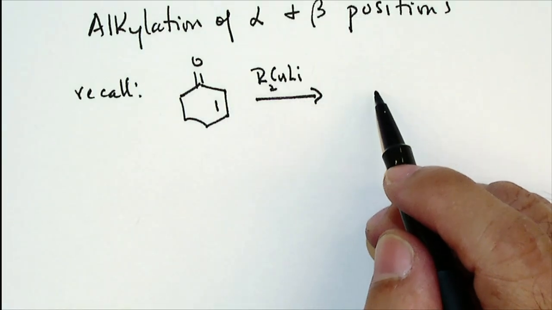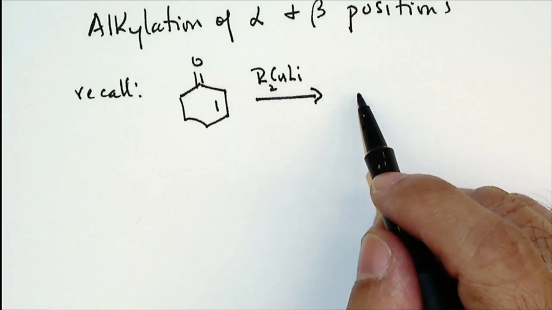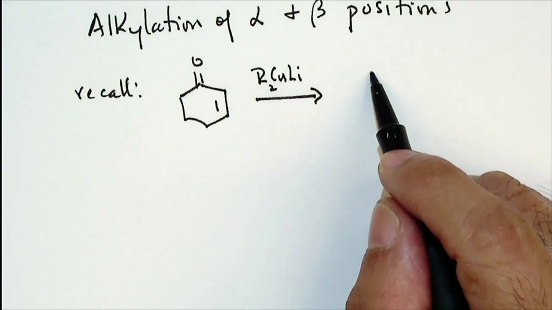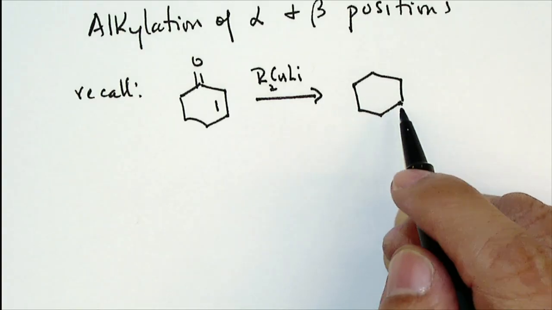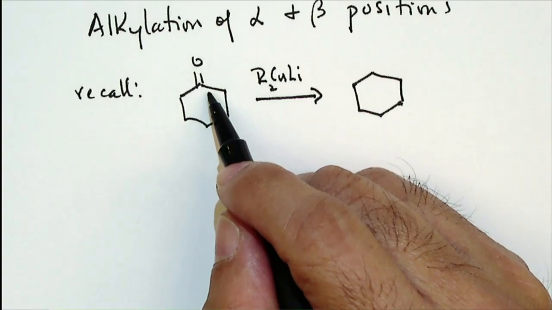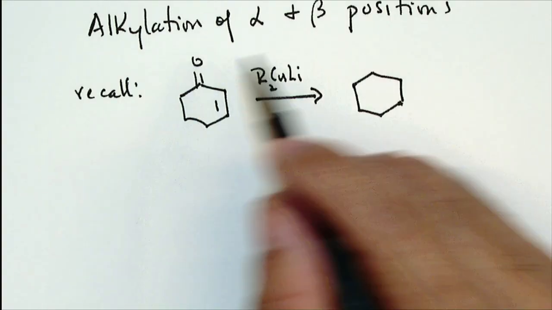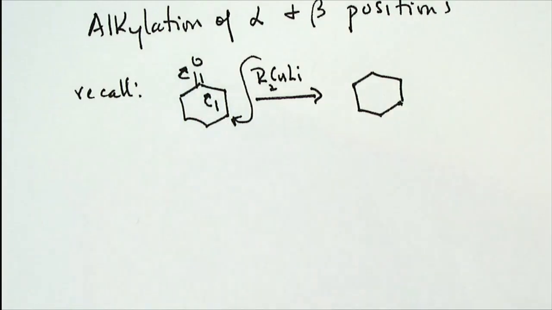And so what I will end up getting here is that, and I'll show you in 2 steps here. So the way the reaction proceeds is that I will get an attack here. These electrons move up here. So in other words, it looks something like this. You can think of the reaction like that.